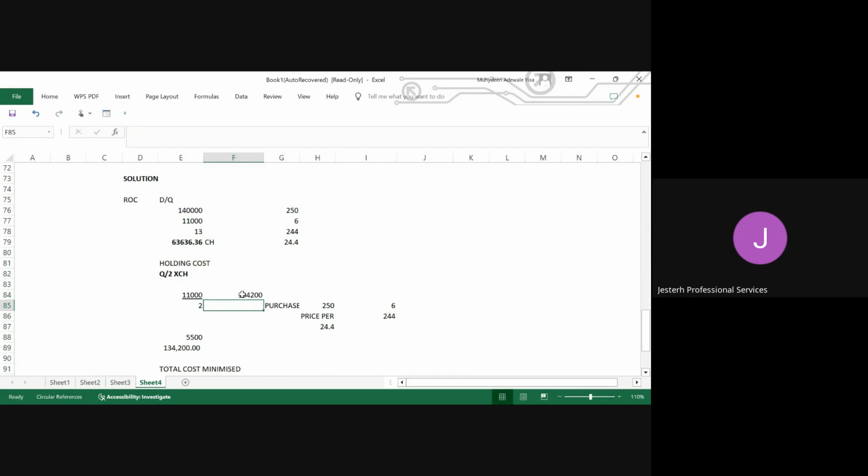Now you see, it means the total holding cost for the period is going to be 134,200 naira. That is what we arrive at here. I hope you get how we arrive at the holding costs.